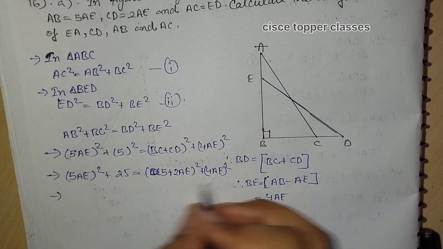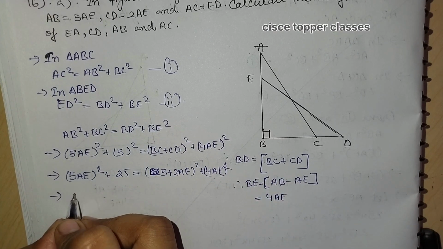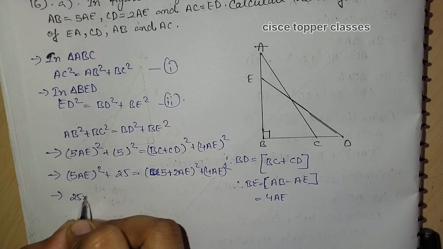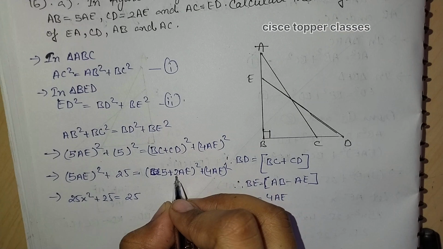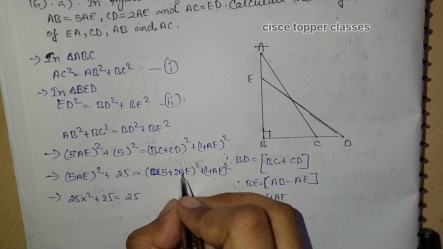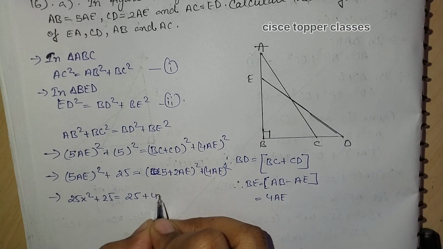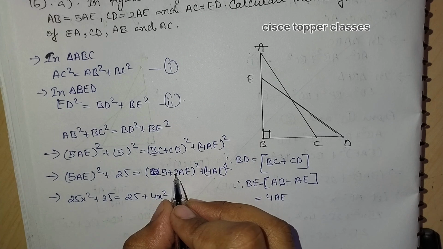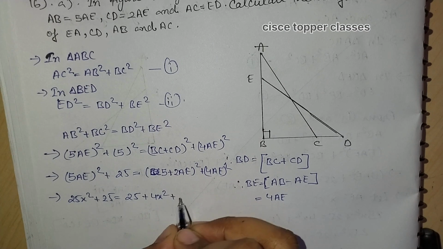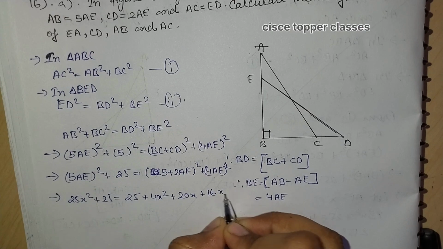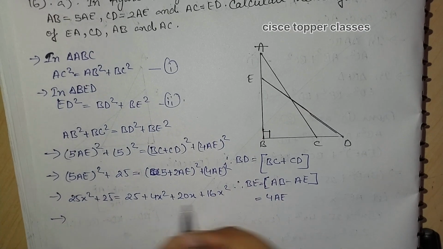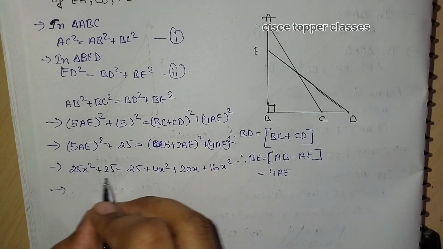Again, we will put AE in this whole equation as x. On putting it, we will get 25x square plus 25 equal to 25 plus 4x square plus 20x plus 16x square. We will simplify this whole equation.